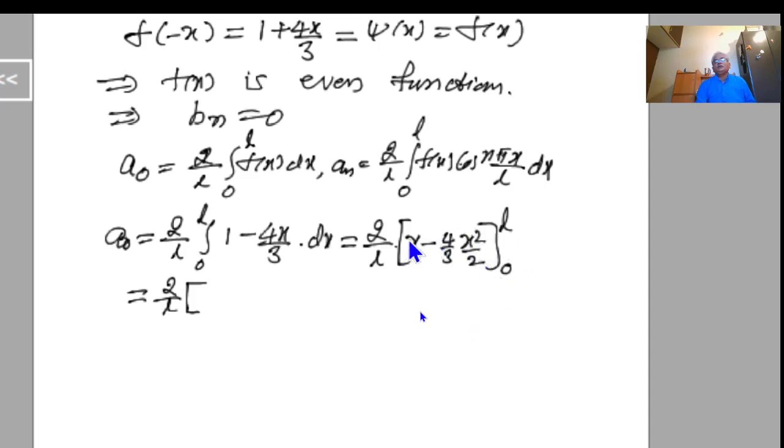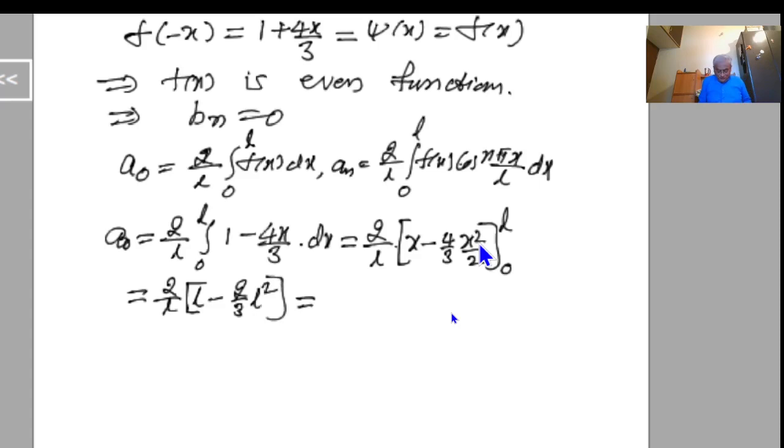Therefore, if I put x equal to 0, both the terms become 0. Therefore, only the upper limit remains: L minus 4 by 2, this becomes 2 by 3 L square. L minus 2 by 3 L square.